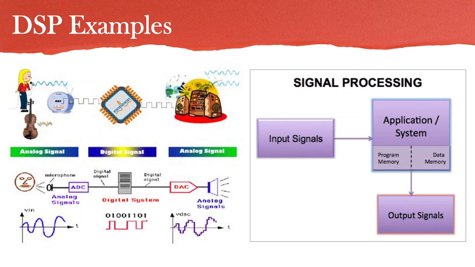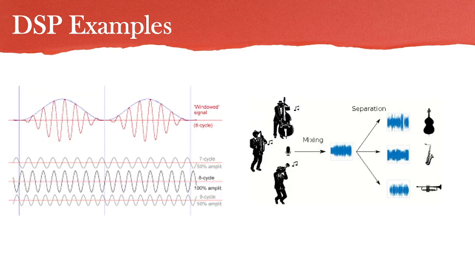As you can see here, the visual representation of the process, which includes the spectrum or the signal graph, then the block diagram signal, which has the input signal. Next is the application or system, which then outputs the signals. And same as here, the graph shows how the DSP separates the sound even though it is mixed.